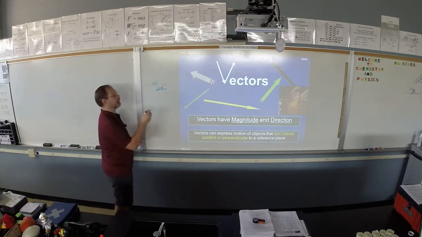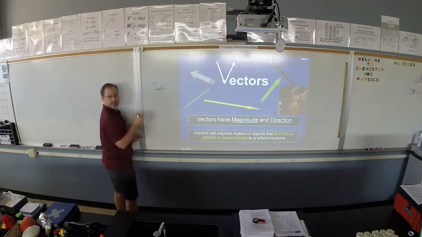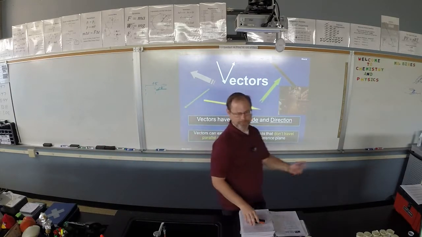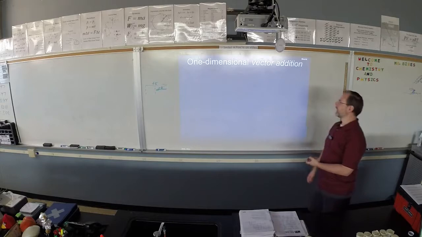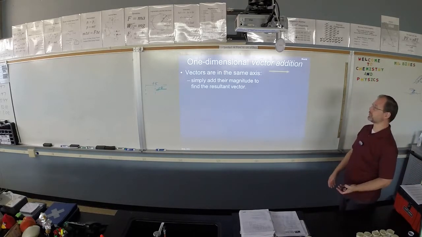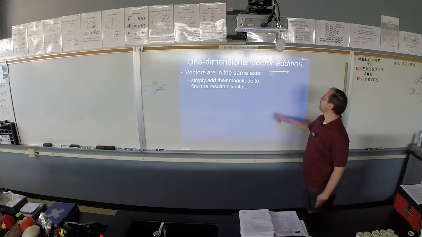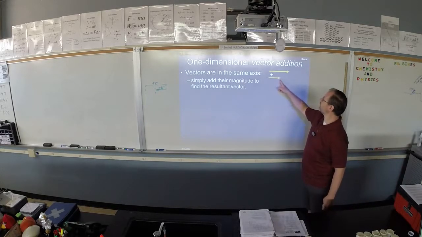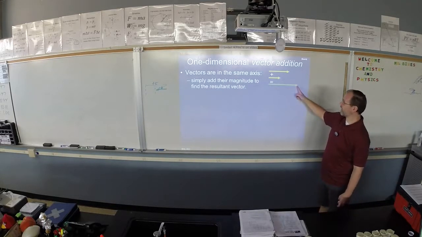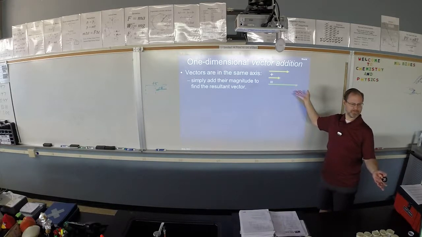You added the two together and found out what the difference was. Remember that? Oh, well, it was great times. Yeah, elementary school, you used number lines. Those are vectors, and what you were doing was vector addition. You were doing one-dimensional vector addition. So if you add this vector to that vector, in your head, you can realize that you have a vector that looks like that. Make sense?